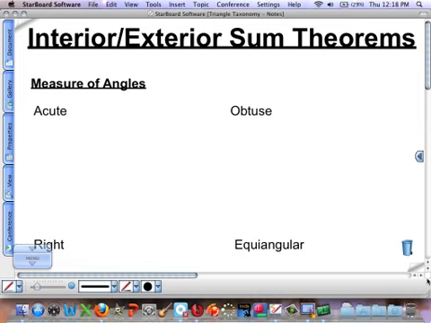Sam? Less than 90 degrees. Okay, so less than 90 in order to be an acute angle. So what makes it an acute triangle? All of its angles are less than 90. Okay, so for an acute triangle, all three angles must be less than 90 degrees.